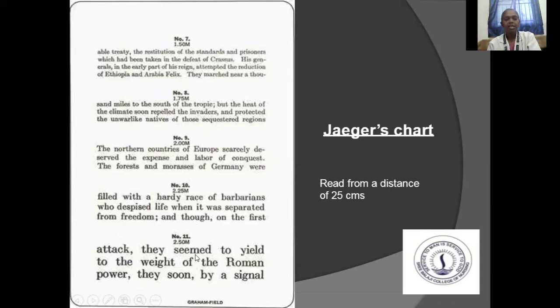Number 11 they can easily read, but we check whether they have any difficulty reading the page. With the help of this, we can check visual acuity. Visual acuity means the object is perceived as such by the eye without any abnormality. To confirm that, you can use either the Snellen chart or the Jaeger chart.